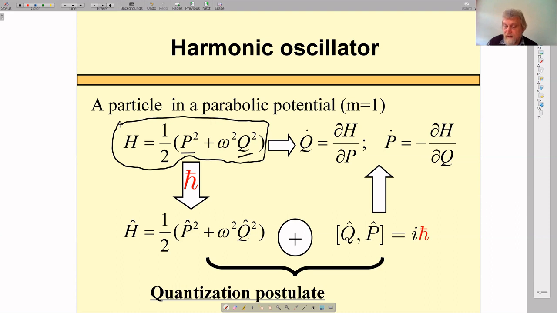From the classical Hamiltonian, we can derive the equations of motion. A peculiarity of the oscillator is that these equations of motion are linear equations. You remember this? I don't write it down explicitly because I want to describe to you a quantization procedure.